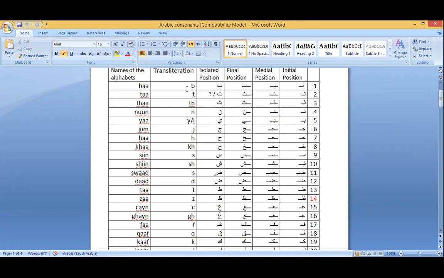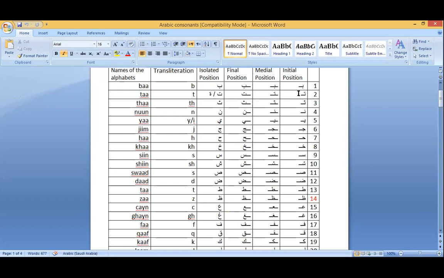This is the isolated position of the letters, and this is the initial. The letters are ready to be joined or connected with a letter or other letters. Remember, we said in Arabic, as many as 7 letters can be joined together, or even more, even 10, 12, whatever. So this is the isolated position of all the letters.